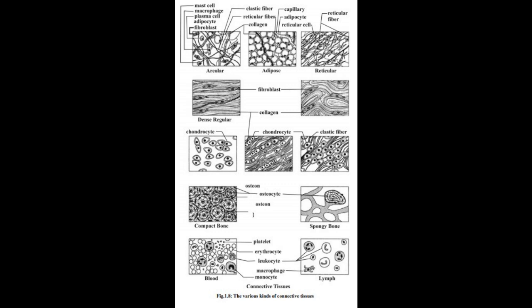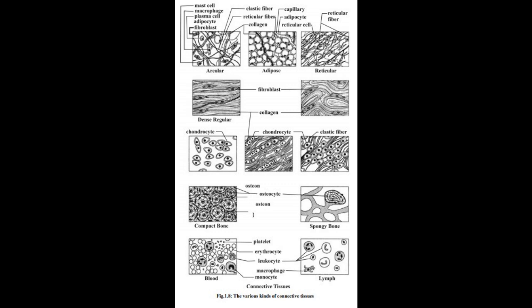It is divided into two subcategories: dense irregular connective tissue, which has bundles of collagen fibers that appear to be fairly randomly orientated, as in the dermis. Dense regular connective tissue consists of closely packed, densely arranged fiber bundles with clear orientation, such as in tendons, and relatively few cells.